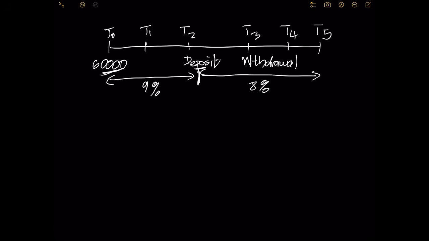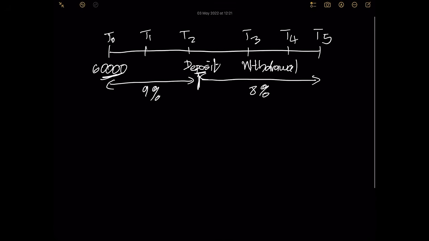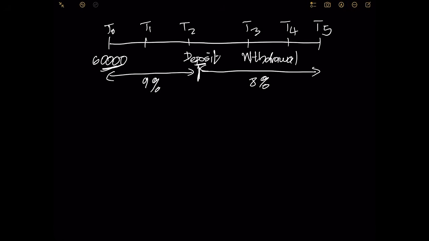So what we're going to do all the time is make sure that we summarize in terms of a timeline. Let's take an example that would illustrate this. Just remember that we are going to look at the amounts that are deposited and withdrawn separately, and at the end of the day consolidate.